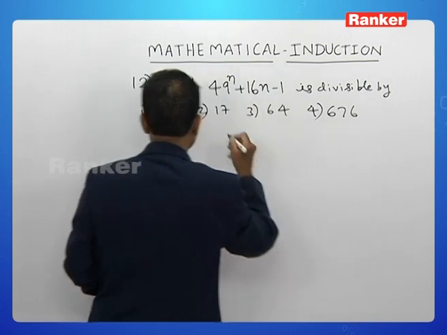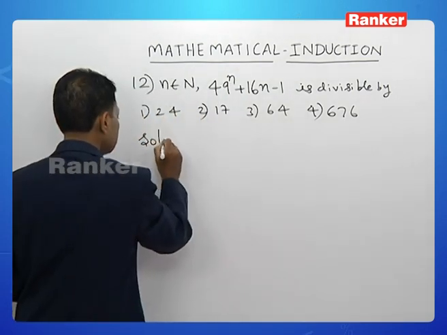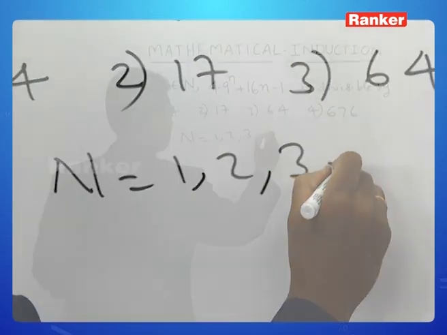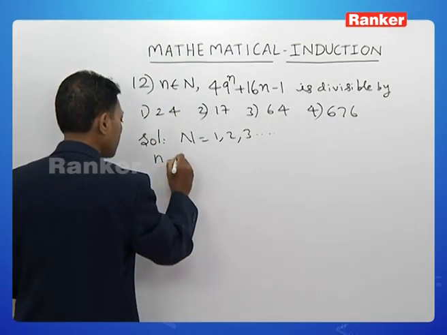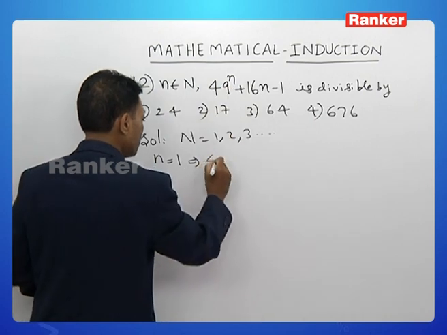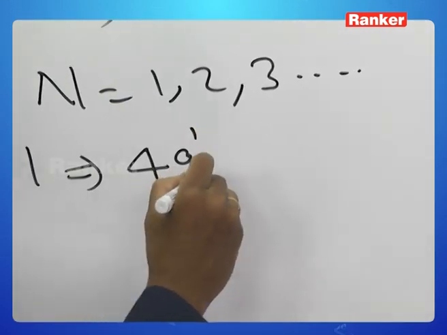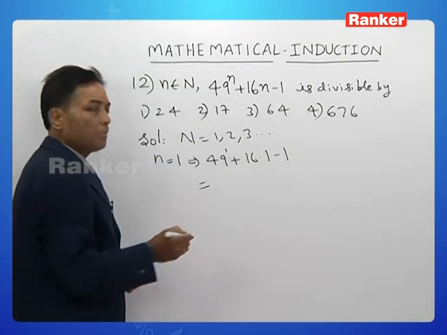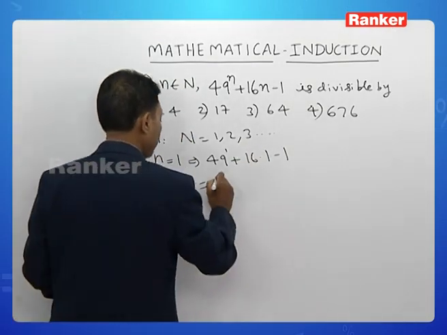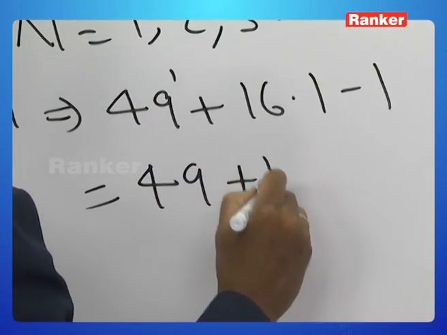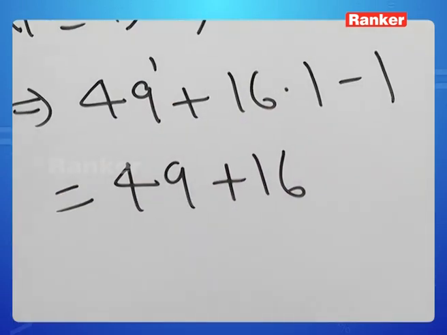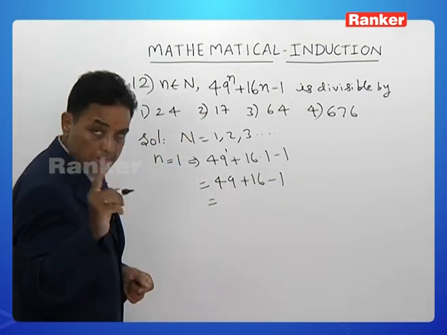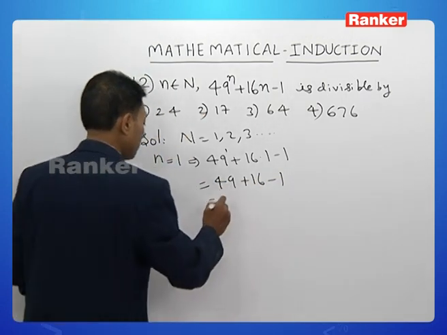Yes. Now, same old method, n is natural numbers. So, let us use small n is equal to 1, put n is equal to 1, 49 power 1 plus 16 into 1 minus 1. 49 power 1 is 49, yes, plus 16 into 1, 16. 49 plus 16, yes, 65, minus 1, 64.